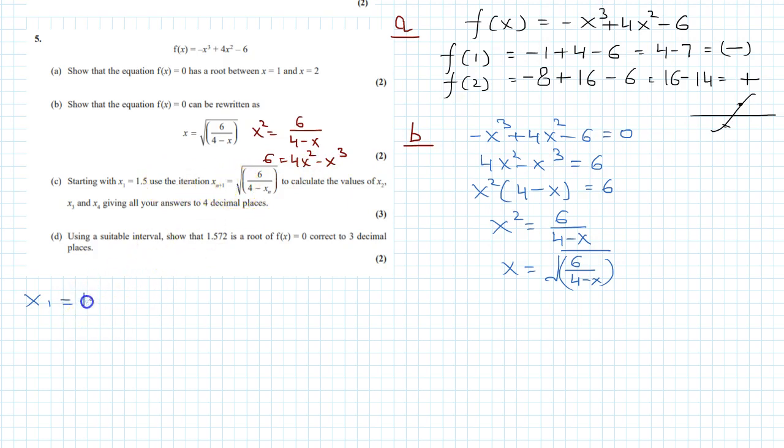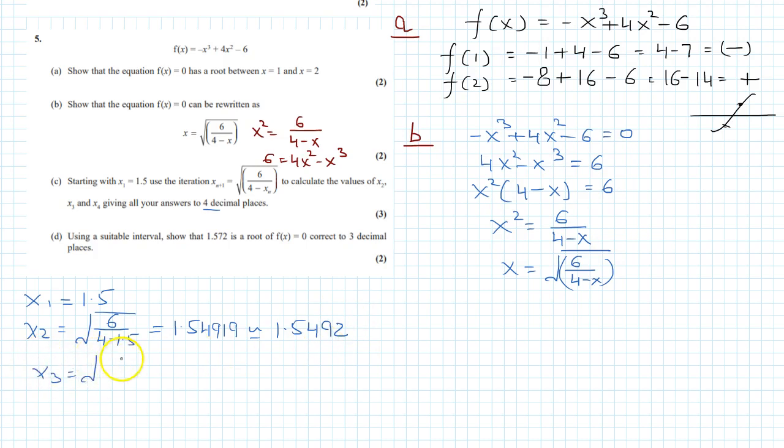So x1 is 1.5. x2 is equal to root of 6 over 4 minus 1.5, and you will get 1.54919. You have to write to 4 places of decimal, so it will be 1.5492.